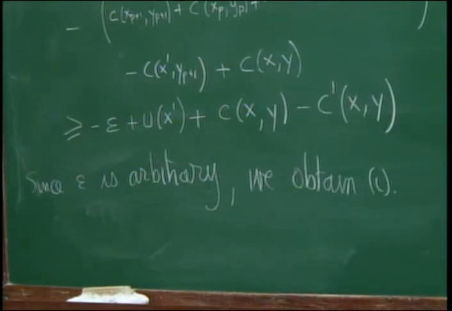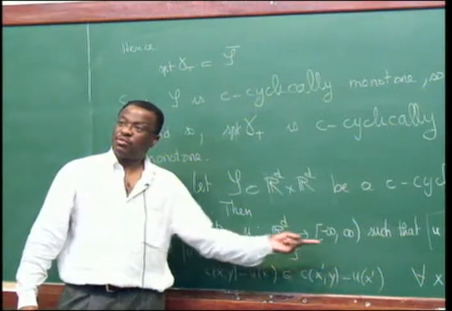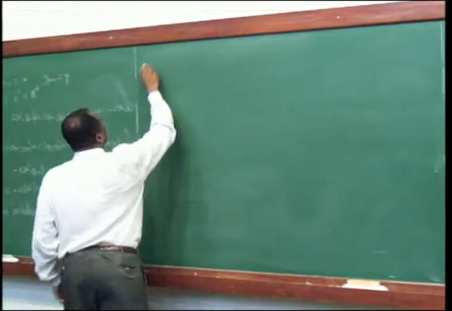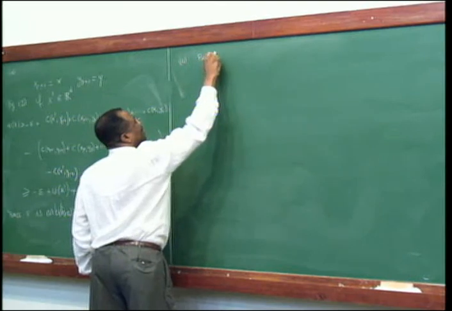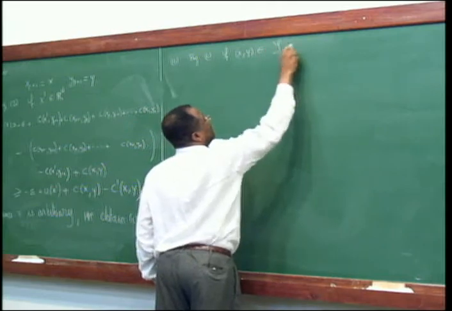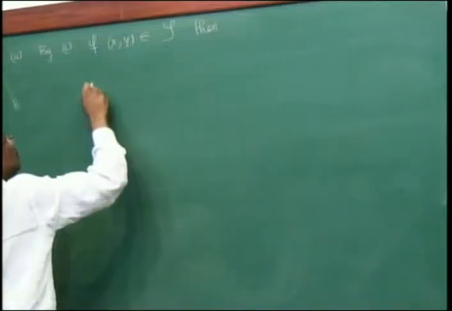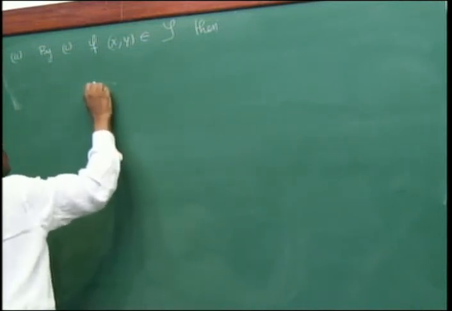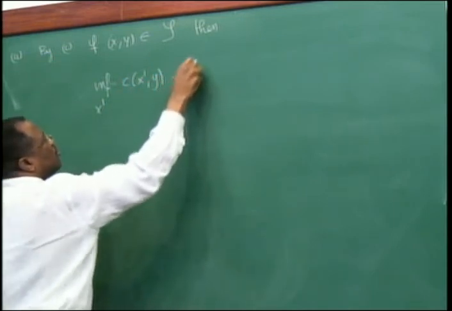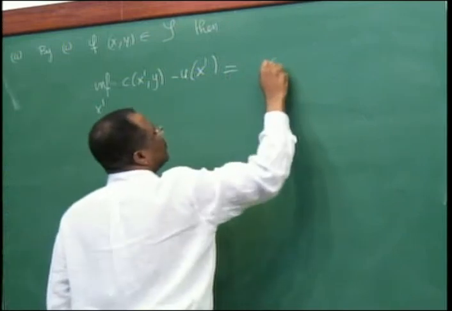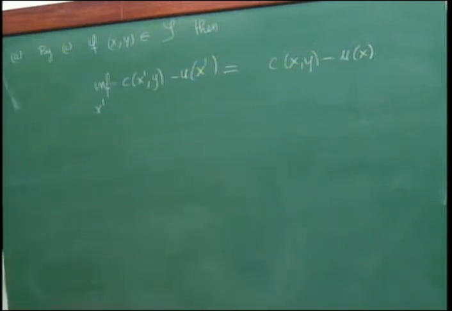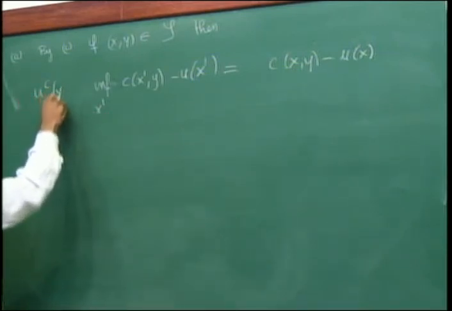Now I can read from here that if I minimize this over S prime, the minimum is attained at X. By I, if (X, Y) is in S, then the infimum over S prime of C of S prime, Y minus U of S prime equals C of X, Y minus U of X. And this, by definition, is U^C of Y.